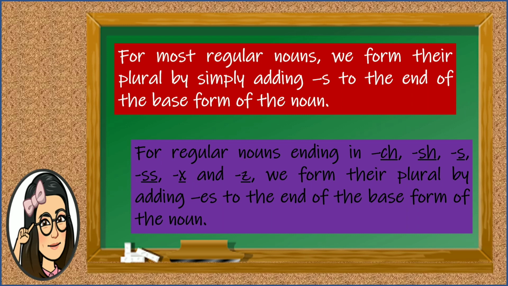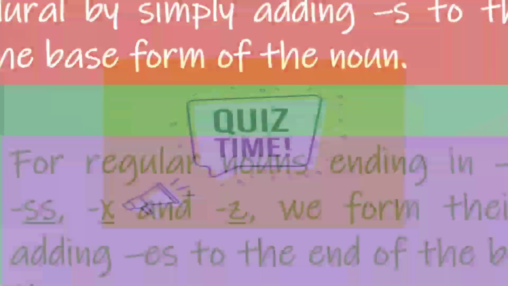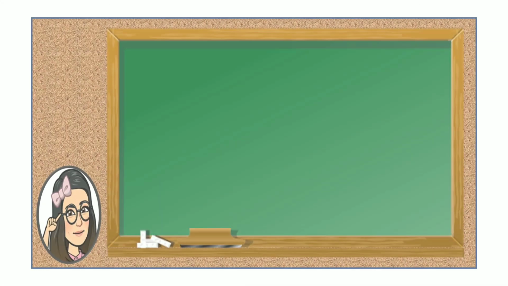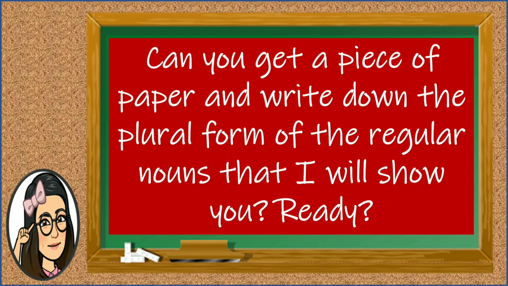Did you understand our lesson for today? Let me check if you do. It's quiz time! Can you get a piece of paper and write down the plural form of the regular nouns that I will show you?